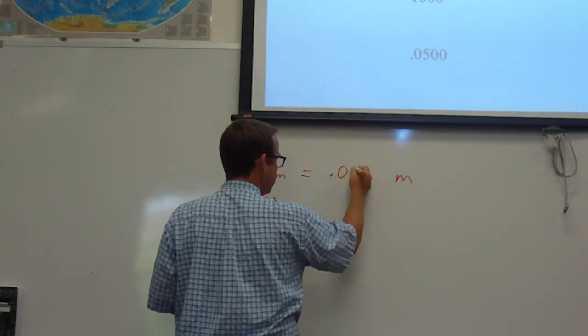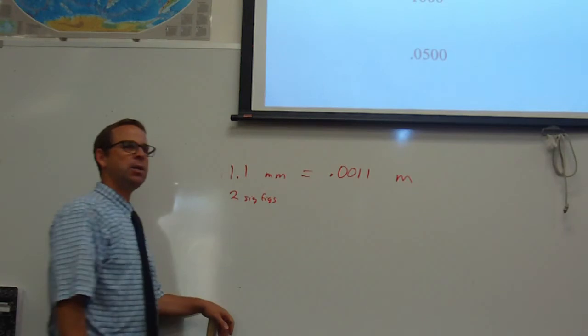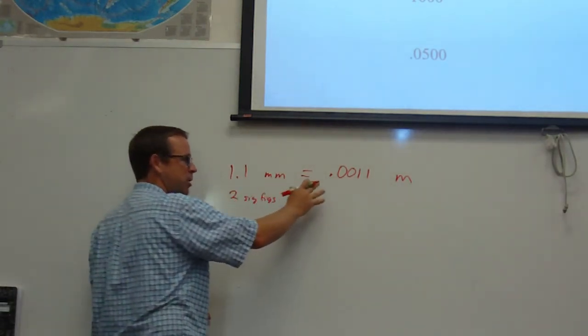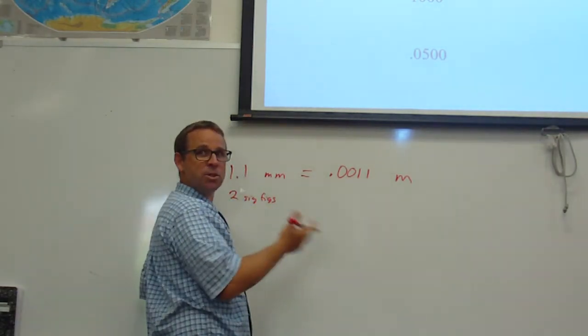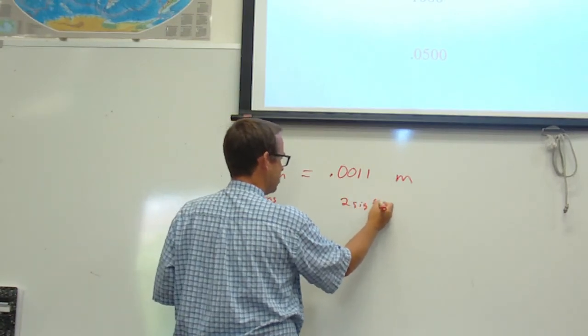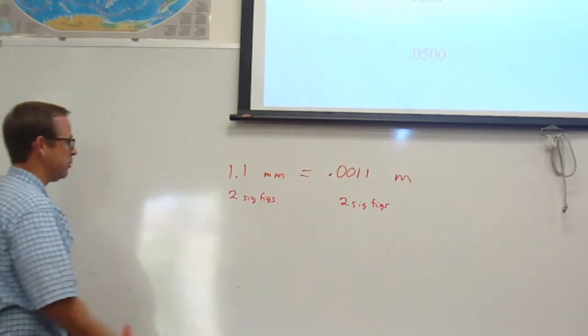So 0.0011 meters, right? And so this can't have increased the number of significant figures. I can't increase the number of significant figures just simply by calling something else. So this still has 2 sig figs. And that's one way that you can help yourself remember whether or not those zeros in front are significant.